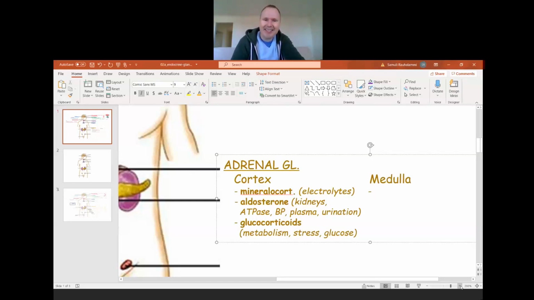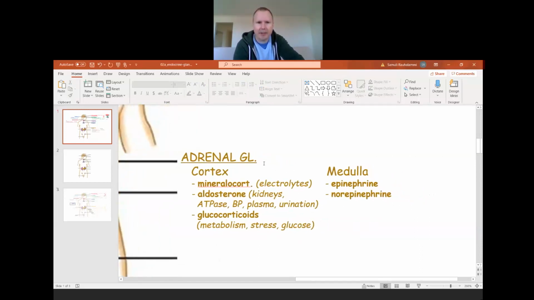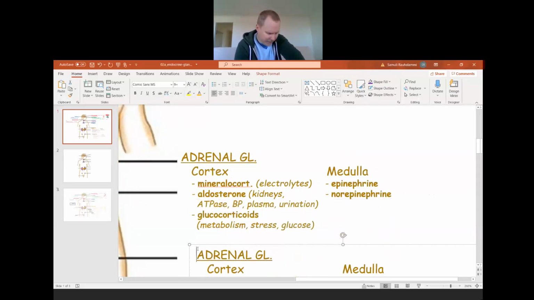The other part that I wanted to discuss about the adrenal gland was the medulla, and the medulla secretes epinephrine and norepinephrine. And these two, of course, are going to be involved with our fight or flight response regulation. So let's see if we can add a little note about that without getting too wordy.